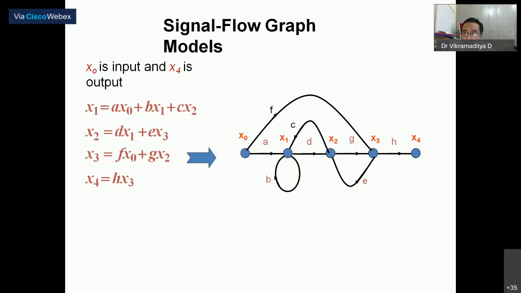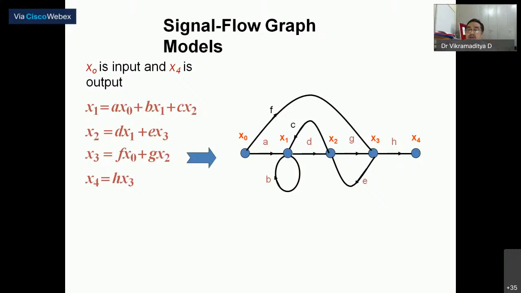In the counting of loops, can we count a node twice or more times? No, no, no. I have already told you that in the forward path as well as in the loop, you cannot traverse a node twice. You have to keep this in mind very importantly.